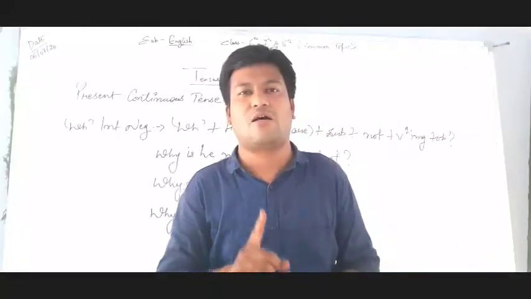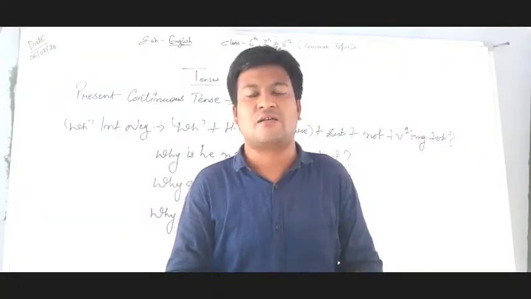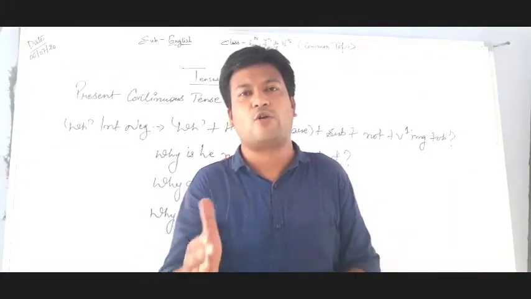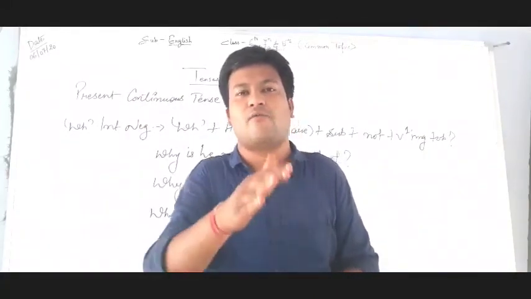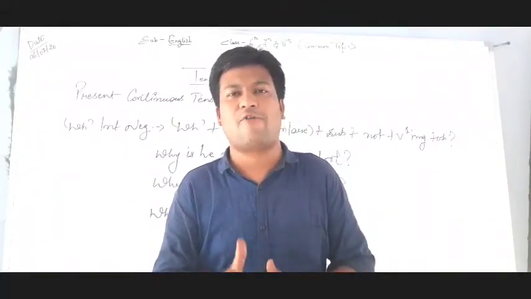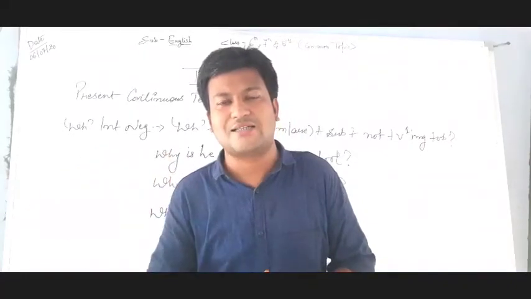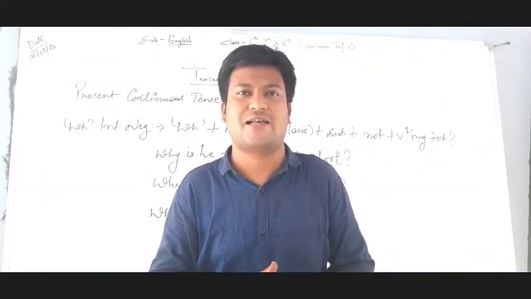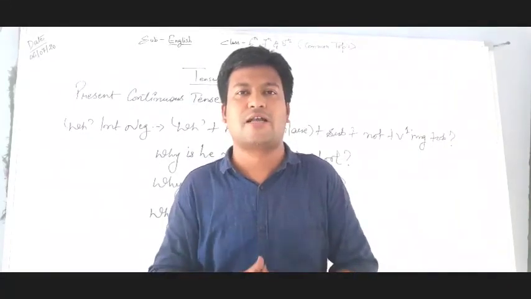You have to learn all the formulas, and for every one of the 12 formulas I have taught you, you have to write 2 sentences with different subjects. So 12 formulas, every formula 2 sentences, it becomes 24 sentences.